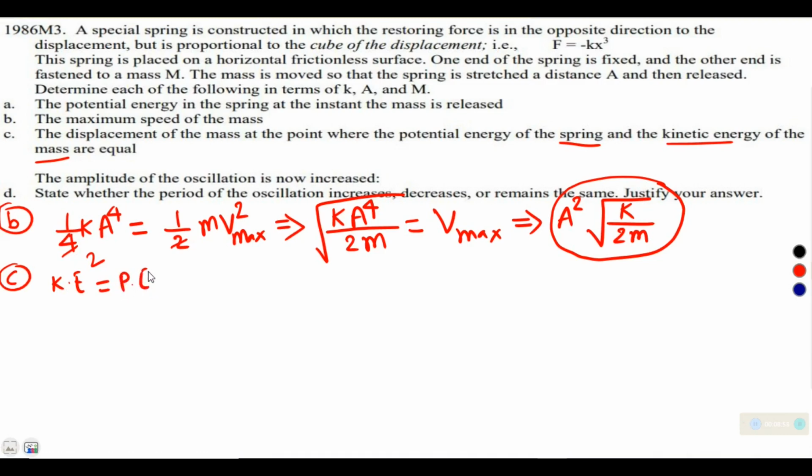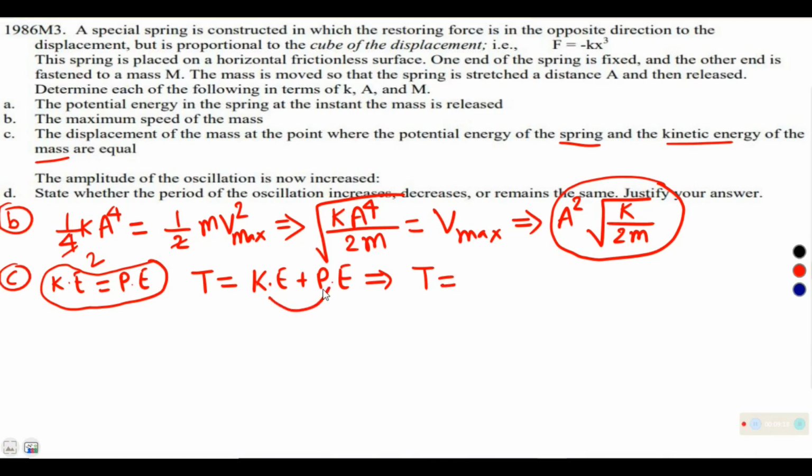We know the total mechanical energy is equal to kinetic energy plus potential energy. According to the question, since both are equal, we can write kinetic energy is equal to potential energy, so total energy will be equal to 2 into potential energy.